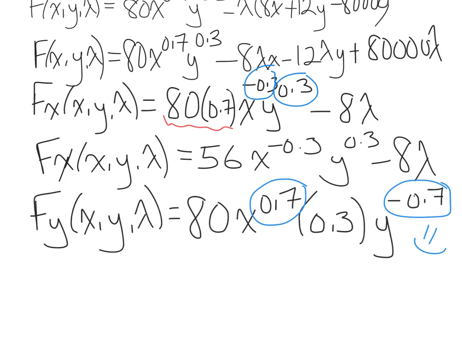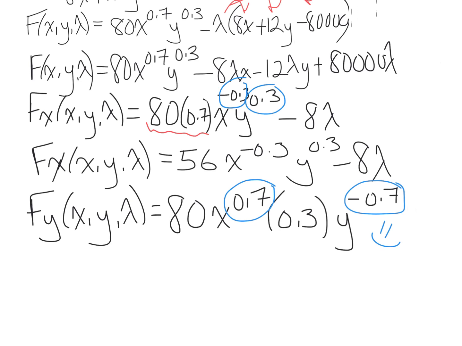Oh wait, and I forgot the lambda part. I got so excited about that. I have minus 12 lambda. Is that so? Yes. Okay. So now I would set those partial derivatives equal to 0. Oh wait, I'm going to first simplify that, right?